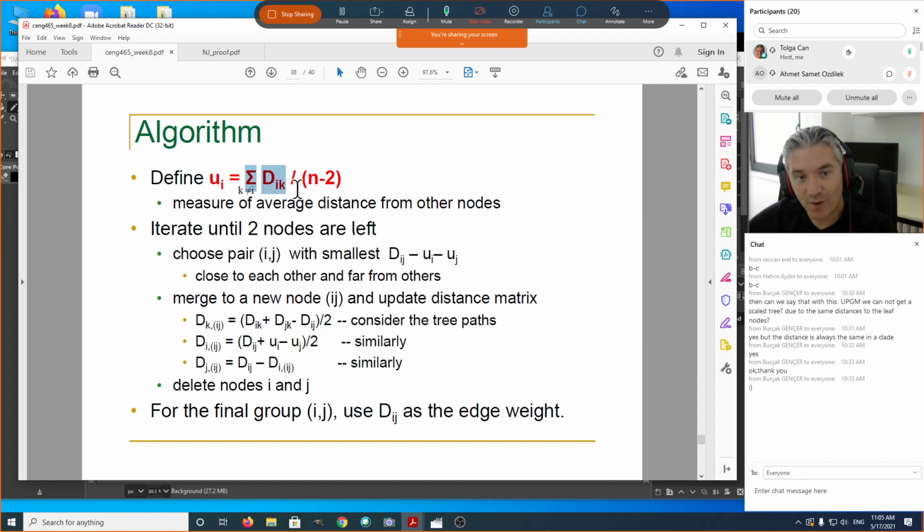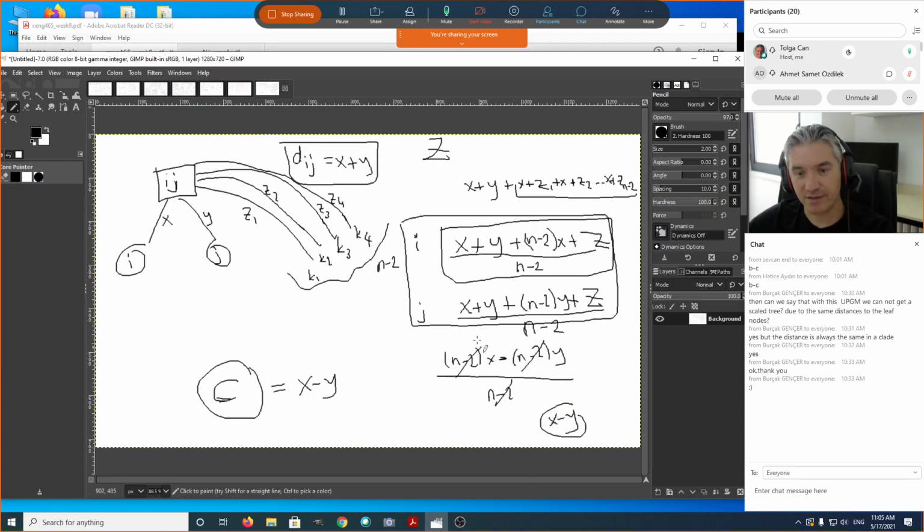If you divided them by n minus 1, it would be the average, but you divide by n minus 2. So why don't we directly get the average distance of i to all of the nodes? The reason is in this derivation. If we divide this by n minus 2, it would nicely give me x minus y.